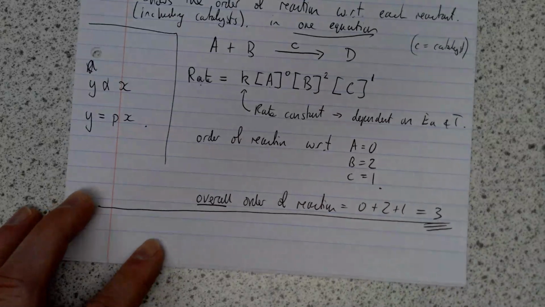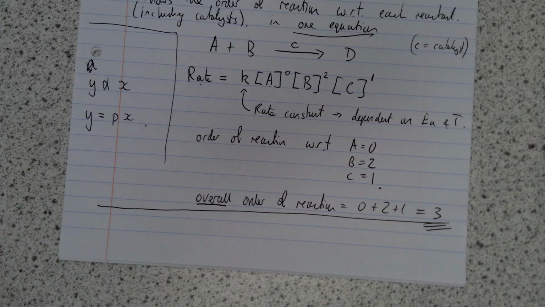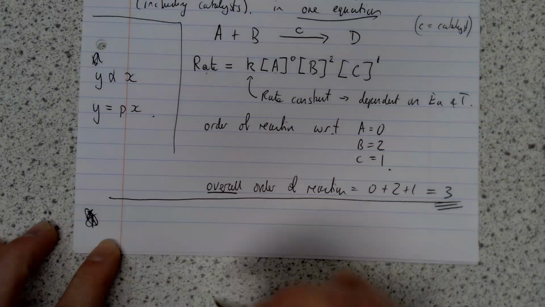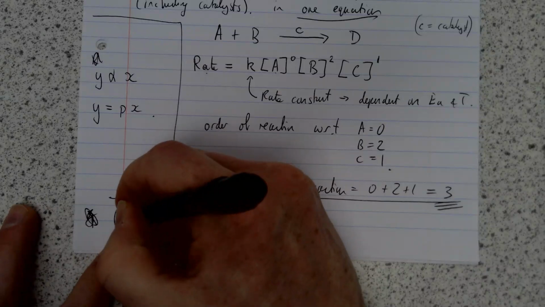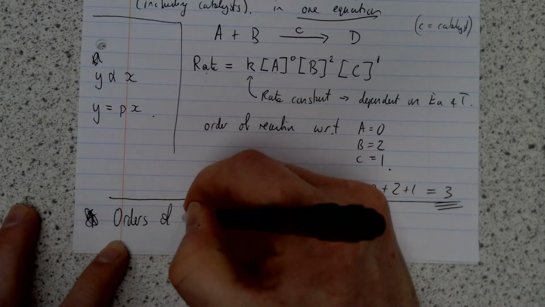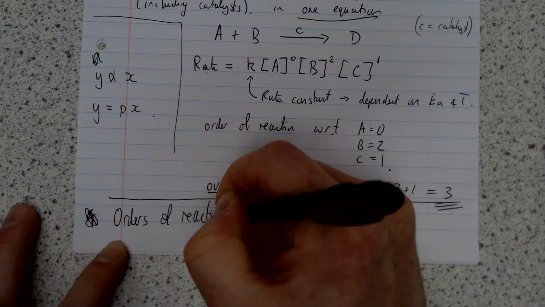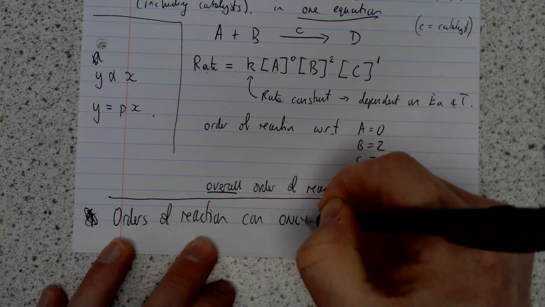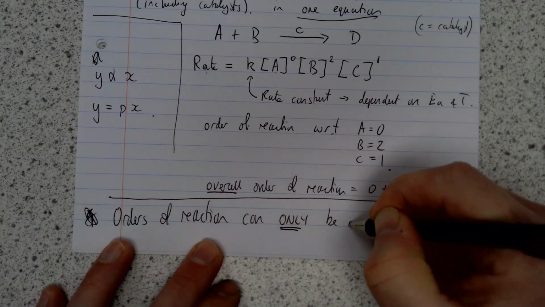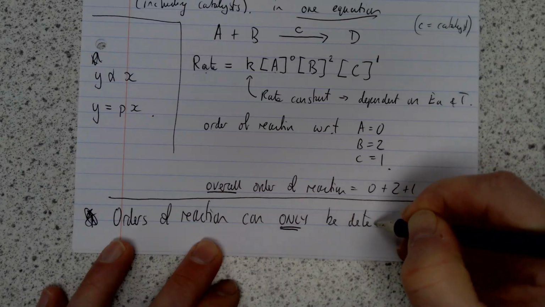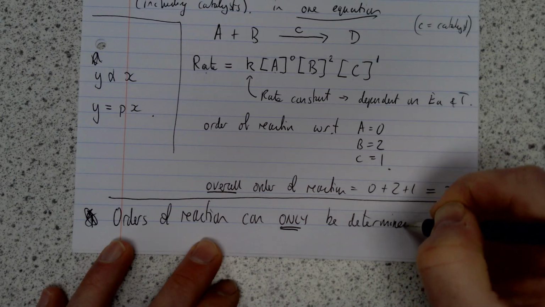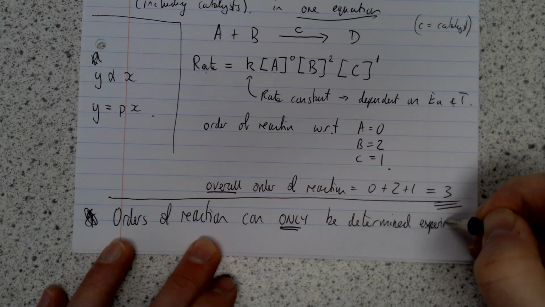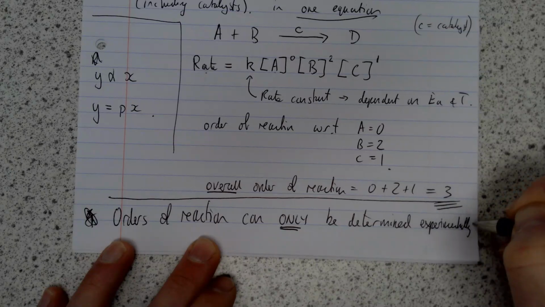And even though it's squeezed into the bottom of the page here, this is a really important point I'll make, and we'll make multiple times when we're going through this: orders of reaction can only be determined, can be found out experimentally, and you'll do those experiments.